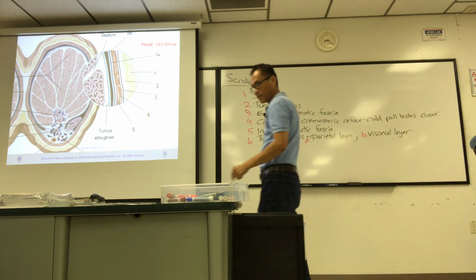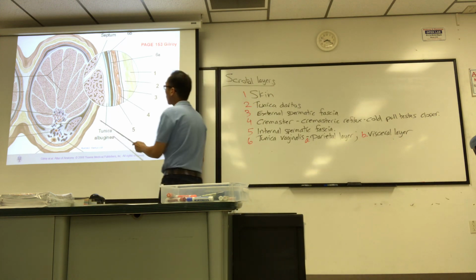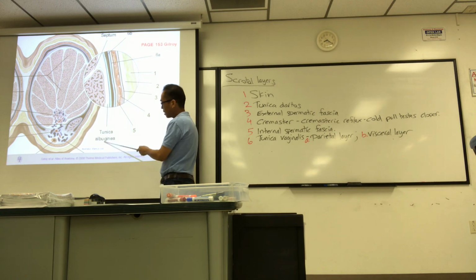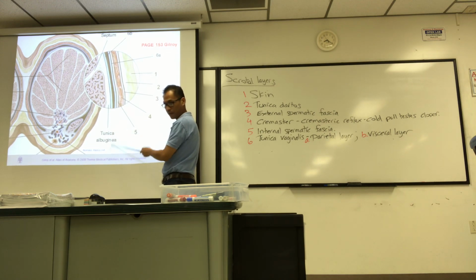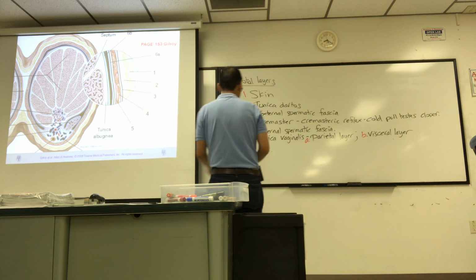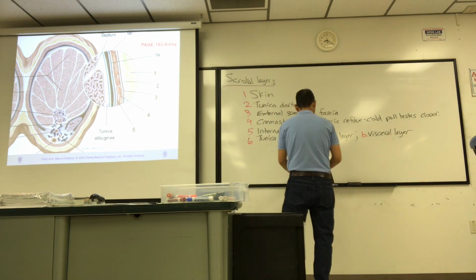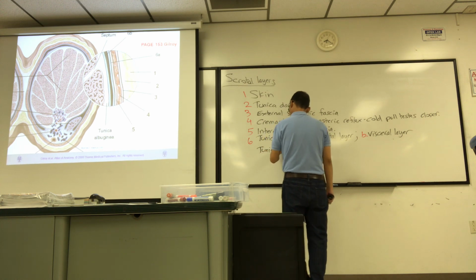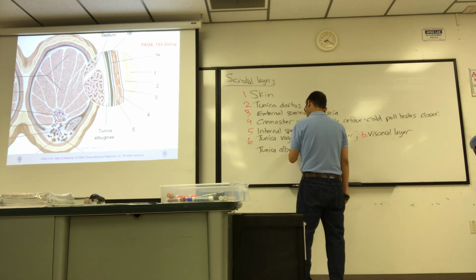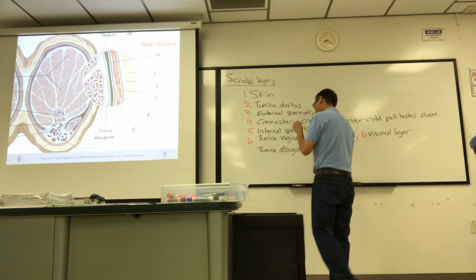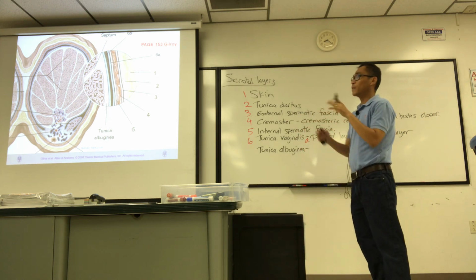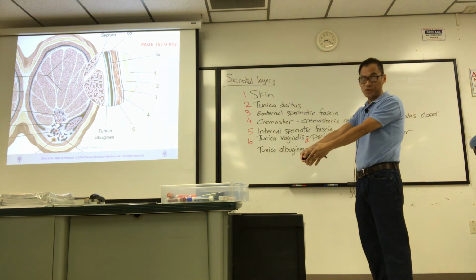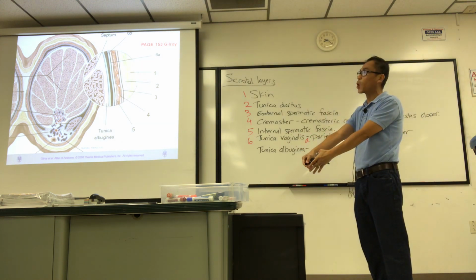There's one layer that's deeper after you go tunica vaginalis, visceral layer. This is called the tunica albuginea. It means white, that word right there. Functionally, it's not just a layer that you can peel off, because there are parts of it that invaginate and go into the testes to form these little apartments.